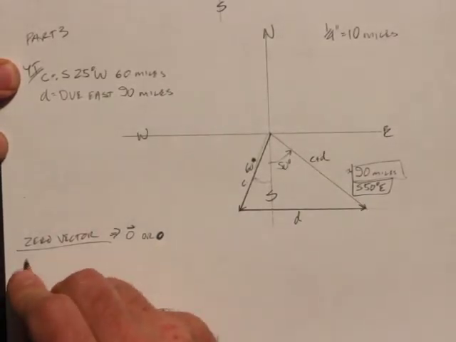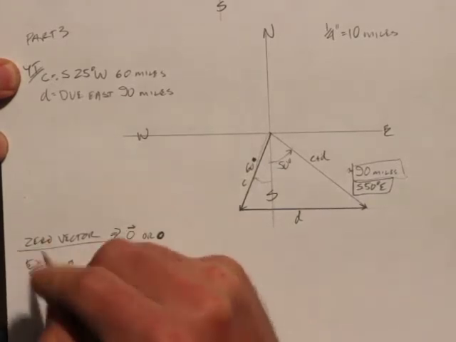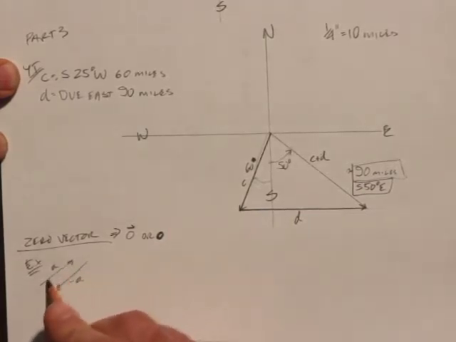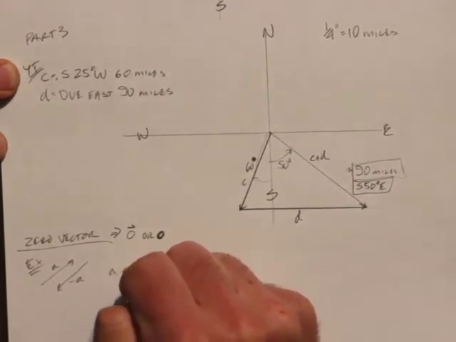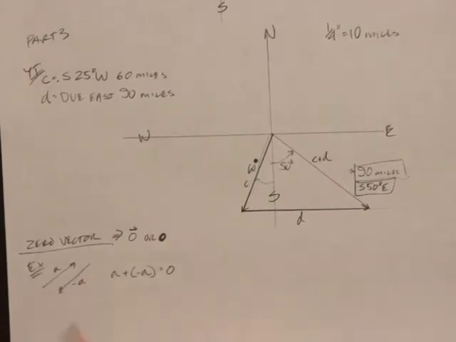An example of this is if I were to have A going this direction, and then negative A. Notice how they're the same magnitude, and they are going the opposite direction. Same magnitude, opposite direction, then I say A plus negative A equals 0. So this is an example of a zero vector. If you add opposite vectors together, you get 0.